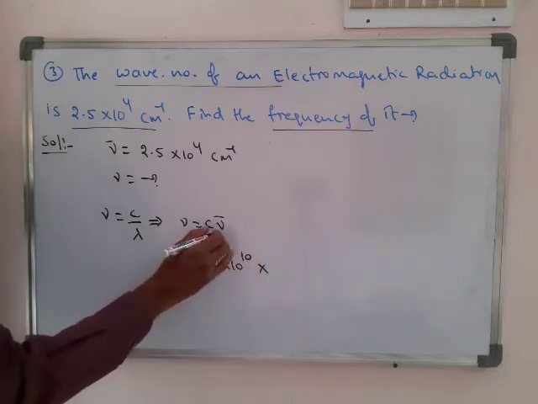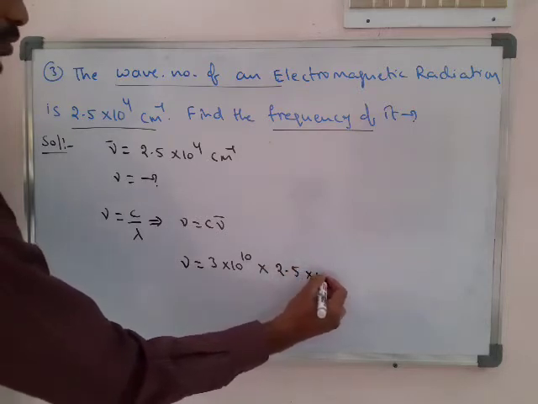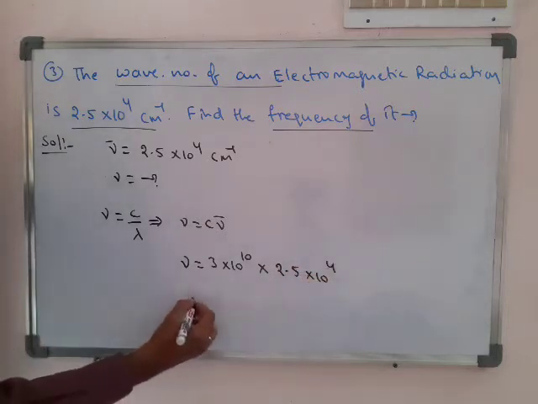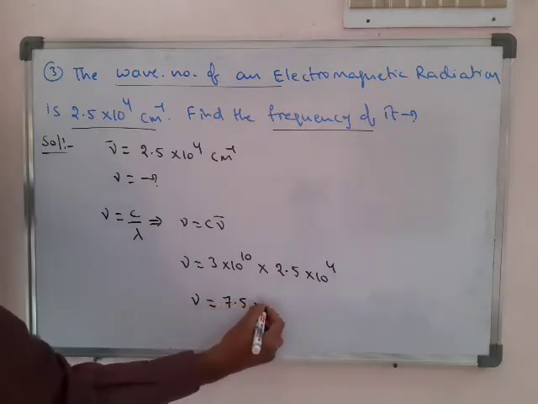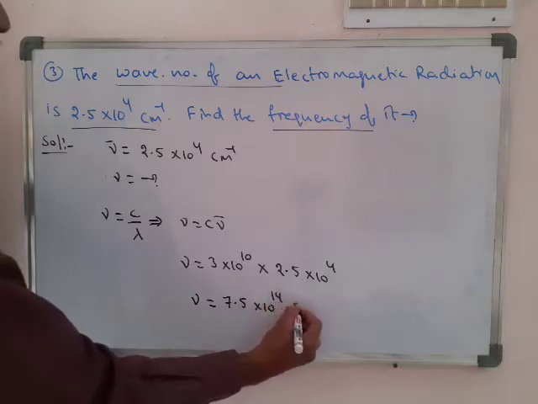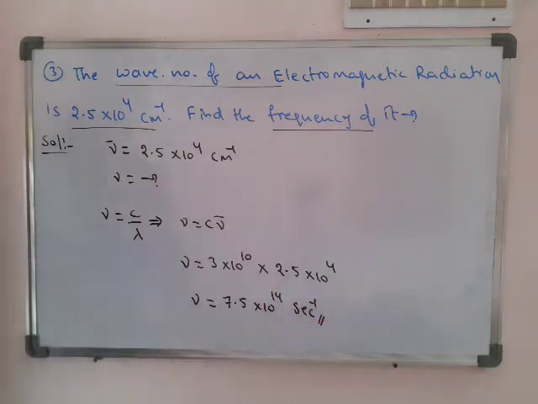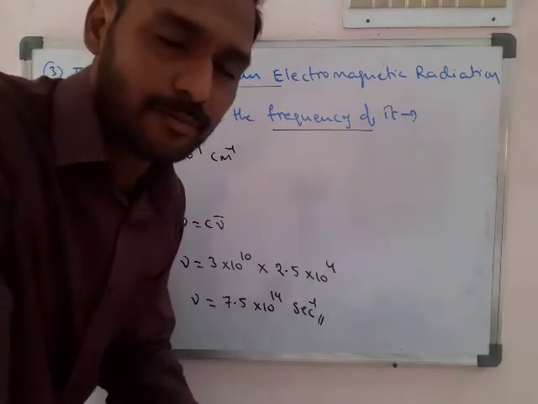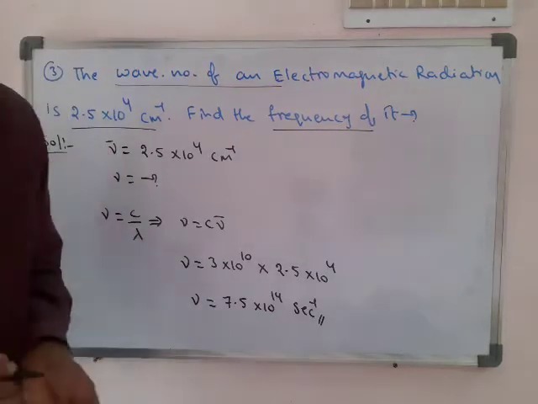What is the nu bar? 2.5 into 10 to the power of 4. So here we will get 7.5 into 10 to the power of 14 second inverse. Just remember the frequency has only one type of unit, the second inverse or Hertz. Both are correct.